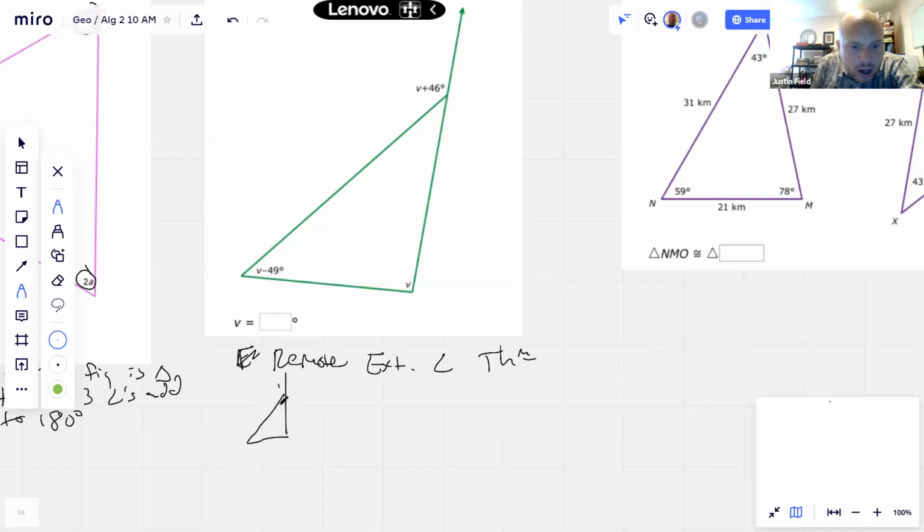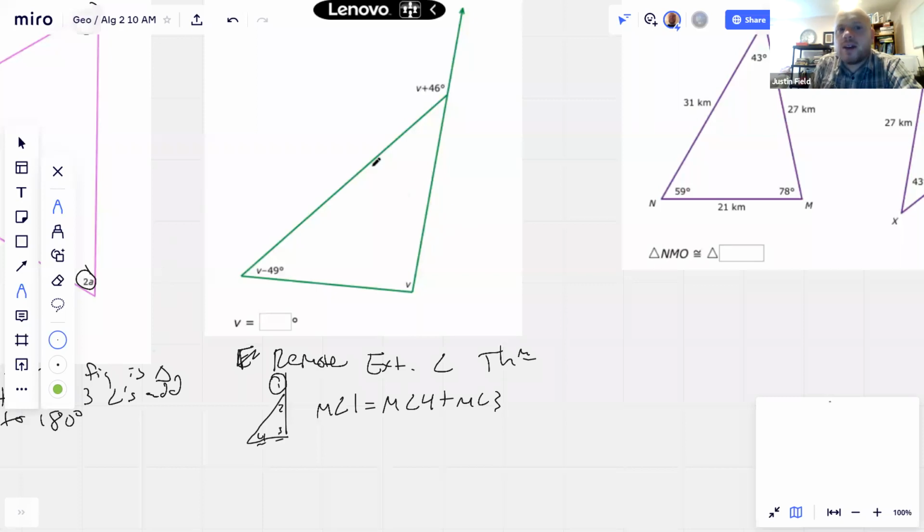So we got angle 1, 2, 3, and 4. These are angles in a triangle, and 1 is the exterior angle. So we're going to say that the measure of angle 1 is equal to the measure of angle 4 plus the measure of angle 3. So this angle is equal to these two put together.